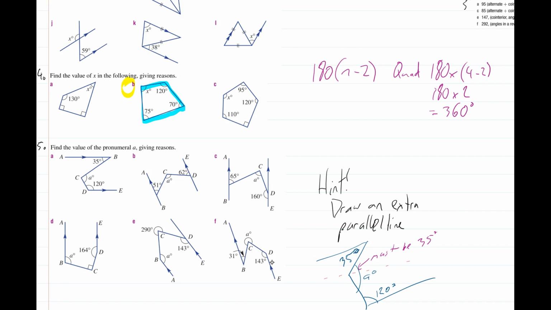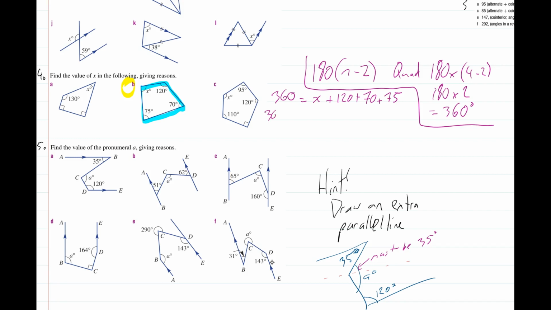You could use that if you had a bigger shape, like, I don't know, that one that's got 5 sides, to work out how many degrees it's supposed to add up to, but we're doing B. So we've got our blue shape there. We know that it's going to be adding up to 360 degrees, and that's made up of x plus 120 plus 70 plus 75.